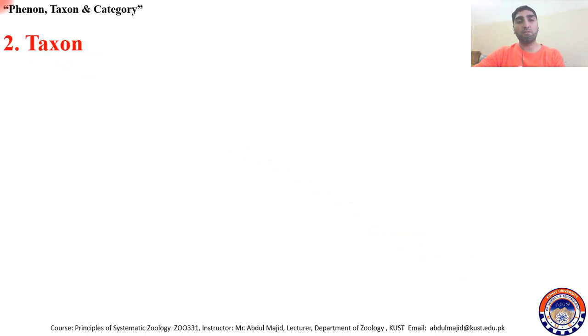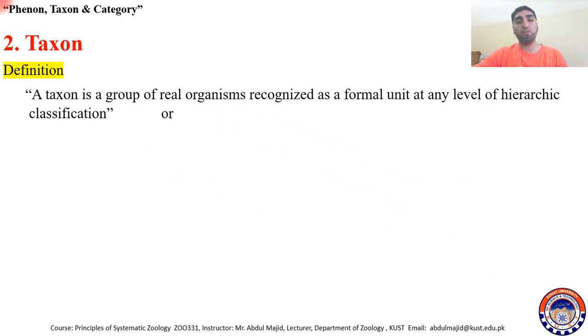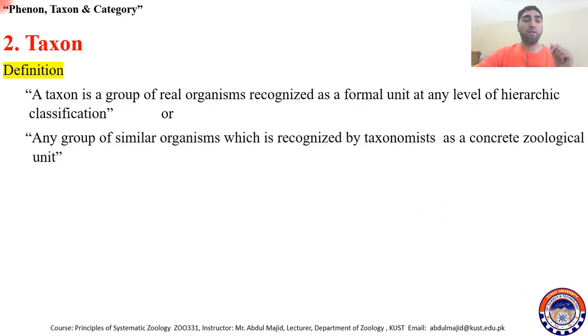Now we will discuss taxon, the definition of taxon. So a taxon is a group of real organisms which is recognized as a formal unit at any level of hierarchical classification, or you can define it as any group of similar organisms which is recognized by taxonomists as a concrete zoological unit.